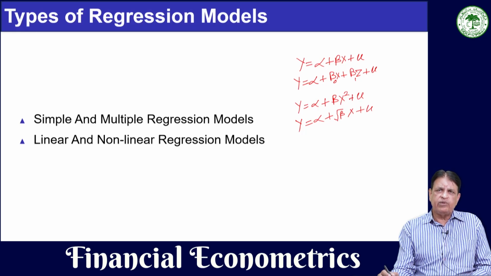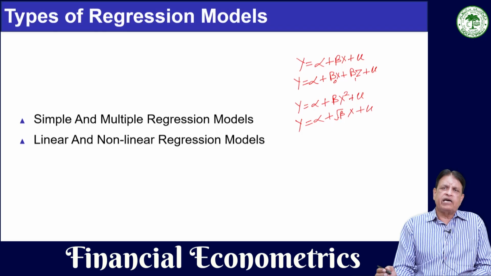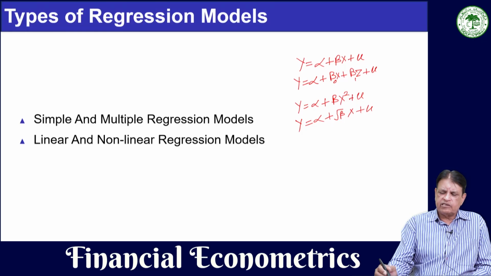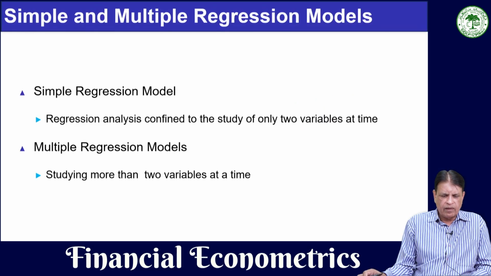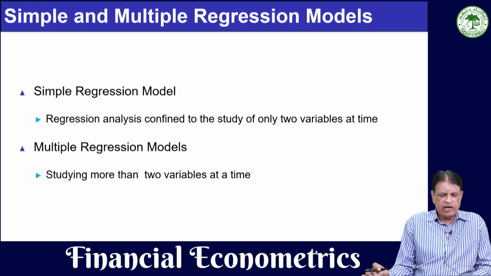So the non-linear relationship may again be of two types: non-linear in variable, because the relationship is non-linear in the variable, and non-linear in parameter. These are the two types of non-linear relationship. Now, not only do we have linear and non-linear relationships, these both are simple.